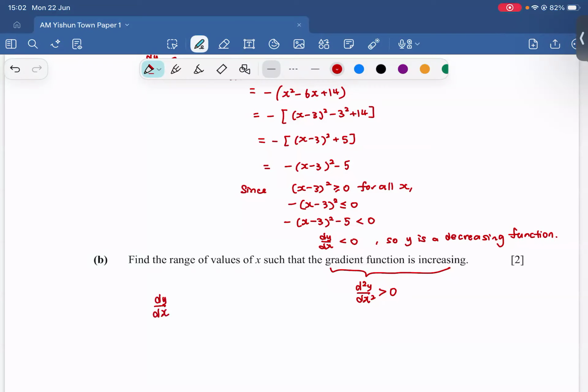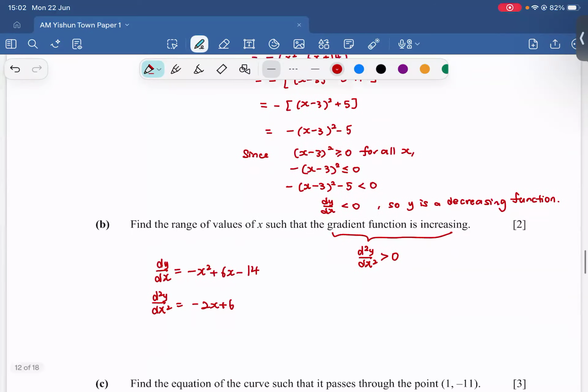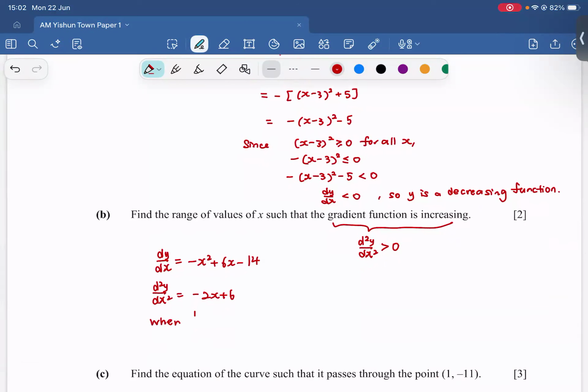So from the above, you know that dy/dx is this. So when dy/dx is increasing, we will have minus 2x plus 6 more than 0. Bring the 2x over, so x must be less than 3.